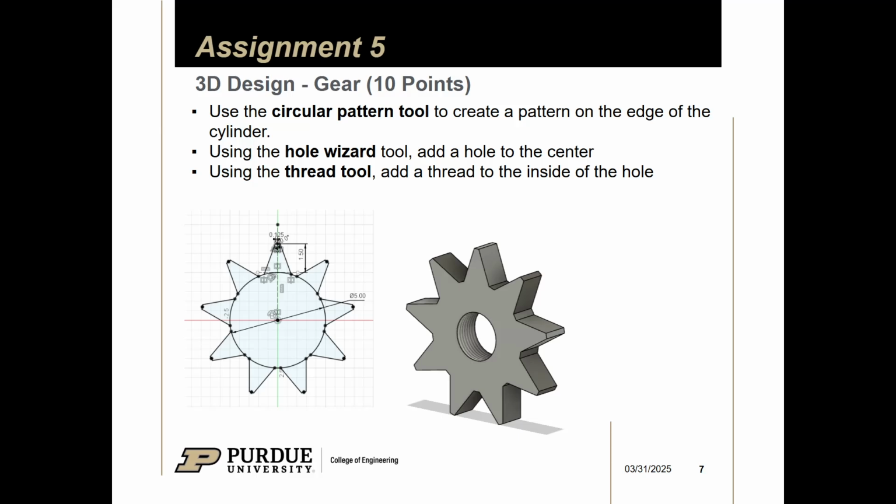Okay, so the last thing for this assignment is to add this threaded hole. Especially for holes, your first thought when making a hole might be, oh, I might just make this sketch, draw a circle and then extrude cut that circle into my design, right?